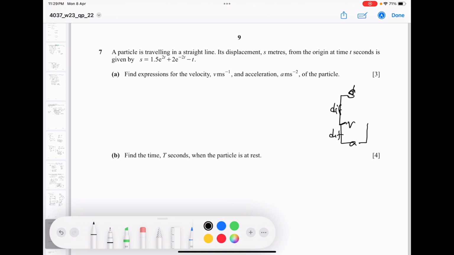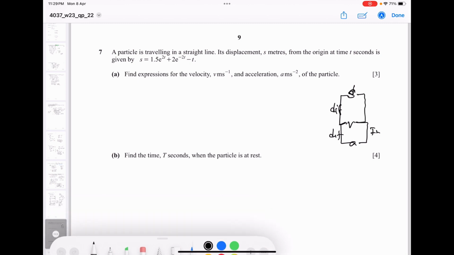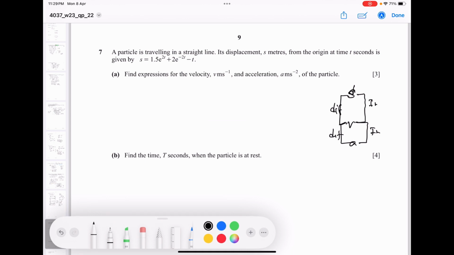The opposite is antiderivatives: if we integrate acceleration we get velocity, and if velocity is integrated we get displacement. Now the first question is to find the velocity and acceleration of the particle. The marks are 2 marks.